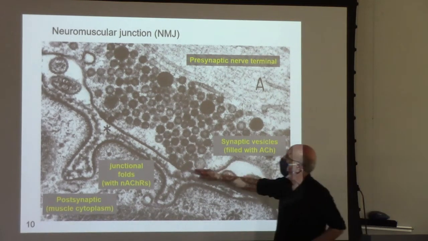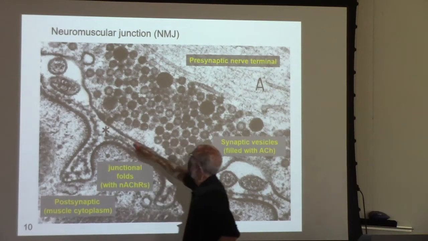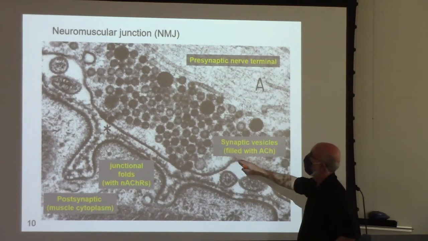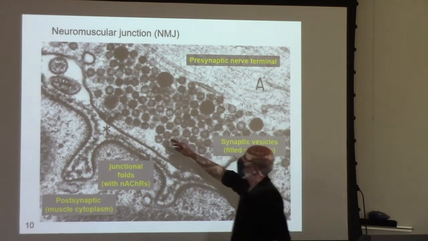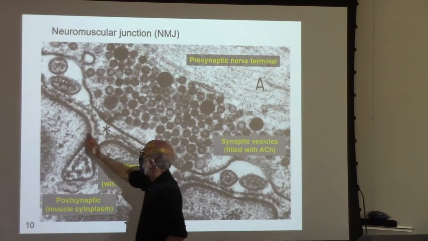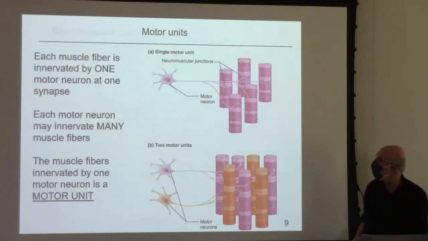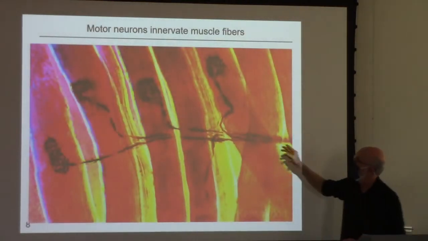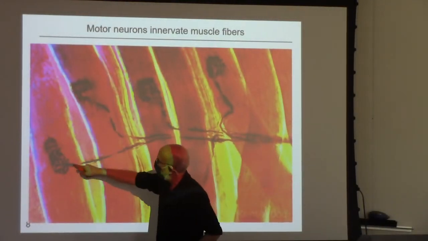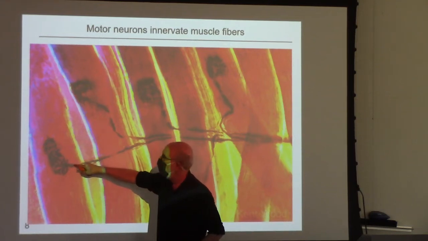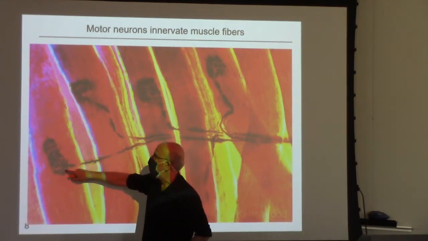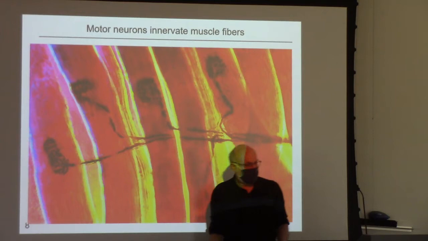So here's the membrane of the nerve. And here is the membrane of the muscle underneath the synapse. Again, let's go back to the image. So here is the nerve cell. Here is the presynaptic terminal of the nerve. And then there's a membrane of the muscle.